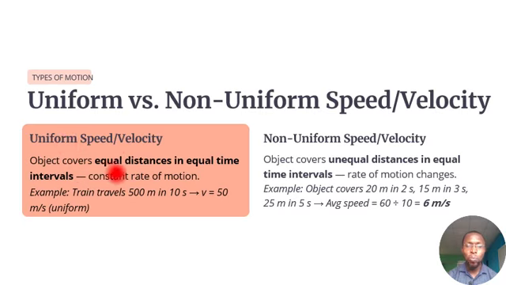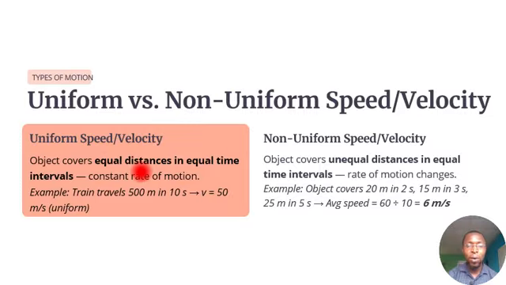When you talk about uniform speed, we say that an object has uniform speed when it covers equal distances in equal time intervals. So when an object covers equal distance in equal time interval, we say that object is moving with uniform speed. Another word for uniform speed is constant speed.